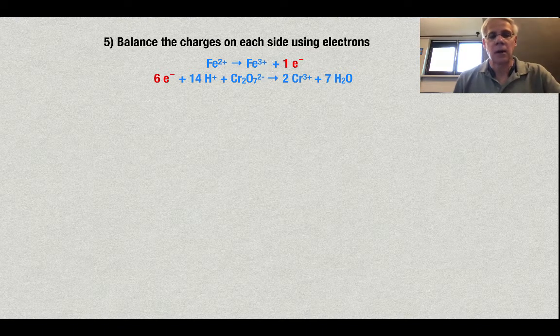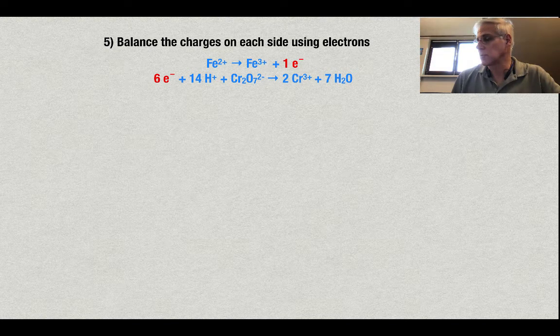Okay. Now on the second half reaction, I've got 14 pluses here and 2 minuses. So that adds up to 12 pluses net. And then over here on my product side, I've got 2 3+ charge species, and the water doesn't contribute any charge.